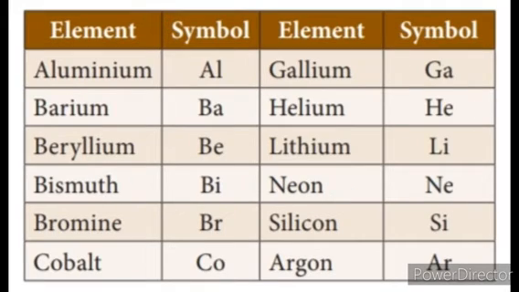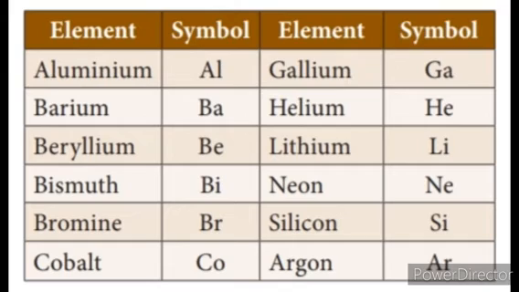If the name of an element has the same initial letter as another element, then what do we do? The symbol uses the first and second letters of the element name. For example, aluminium, argon, antimony, these all start with A, so we use 2 letters. Aluminium symbol is Al, and argon symbol is Ar.